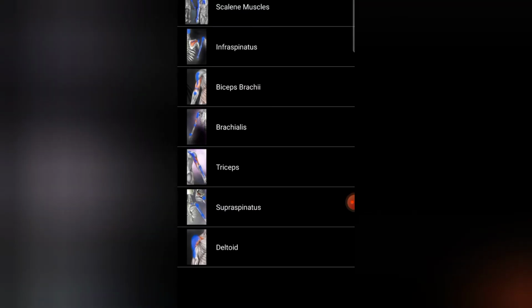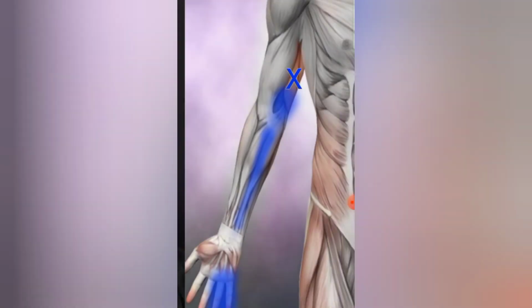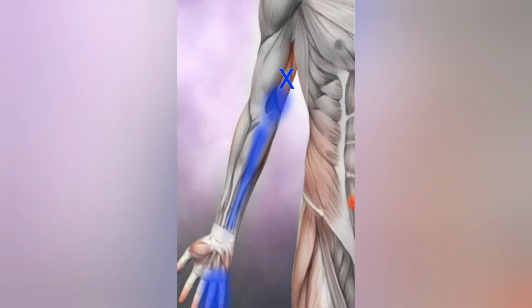Next major muscle is the triceps. The long head usually refers pain into the posterior shoulder and sometimes down into the posterior arm, skipping the elbow. The medial head refers into the olecranon process in the elbow.